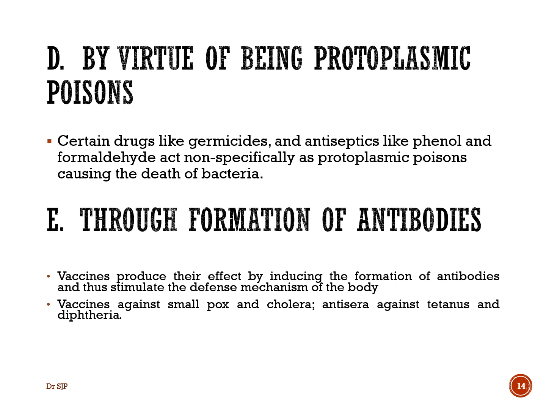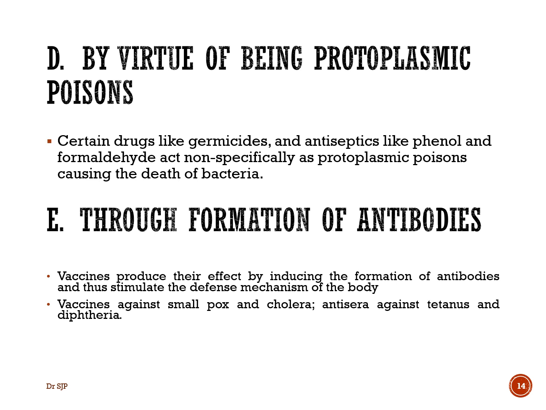Then we have by virtue of being a protoplasmic poison. So there are certain drugs like germicides and antiseptics like formaldehyde and phenol. They act non-specifically as protoplasmic poisons, which causes bacteria death, right?